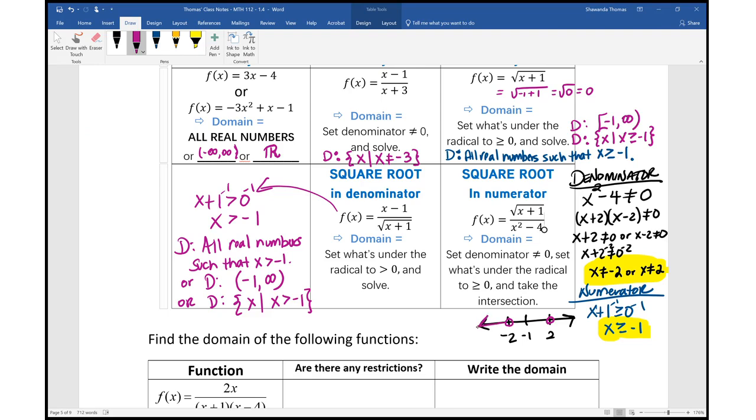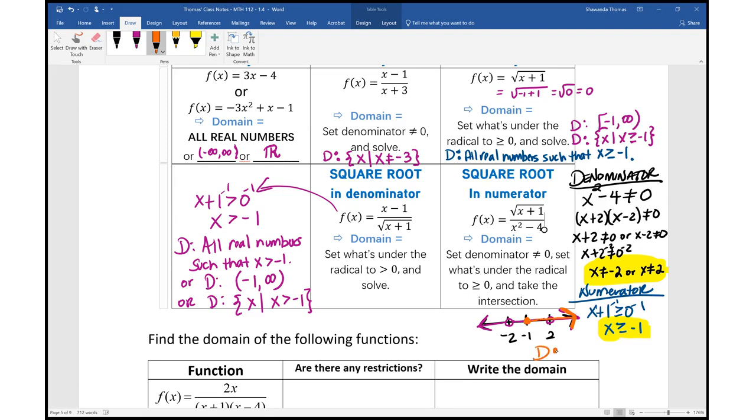But it can be everything else except that. And the numerator is saying we only want numbers that are greater than or equal to -1. So I'm going to use a different color for that. So bubbled in here, we want this, right? This is okay. But when is it orange and purple at the same time?